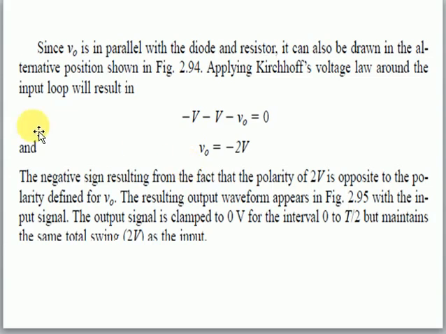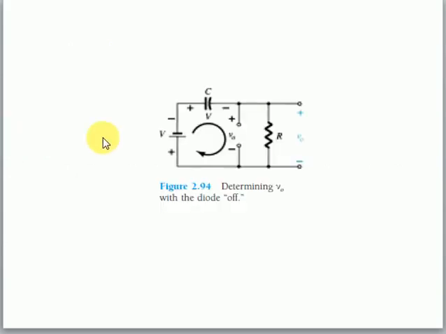So we will get, see this, minus V minus Vc minus Vr, or minus V naught, is equal to 0. So this Vc is equal to V. We have calculated this before.